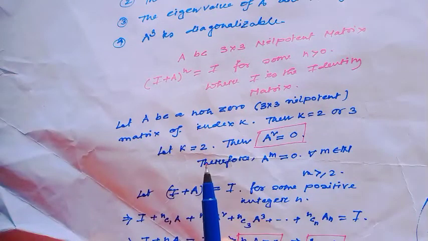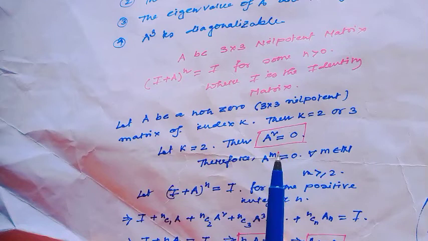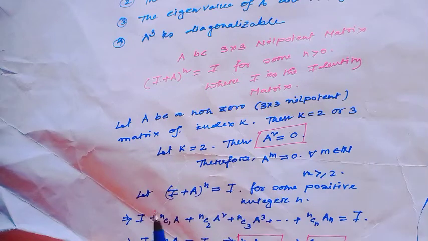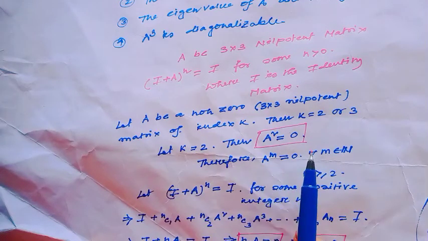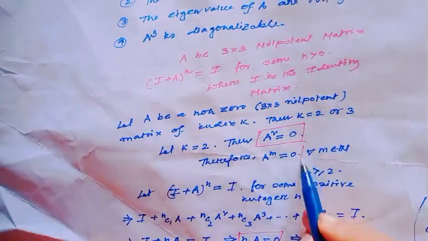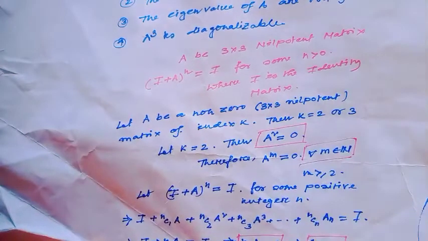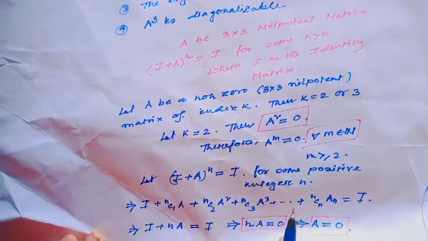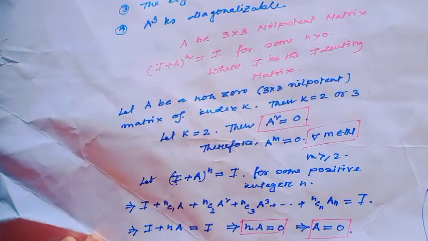Consider k equal to 2. Then A square equal to 0. And if A square equal to 0, therefore A to the power m equal to 0 for all natural numbers m greater than or equal to 2.